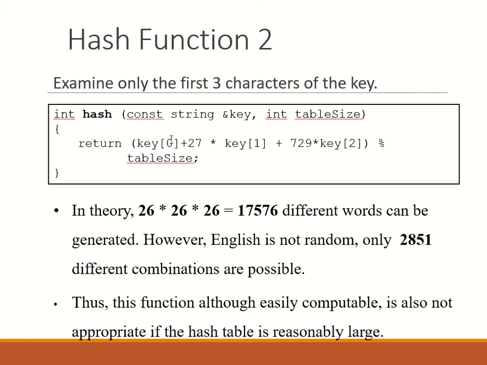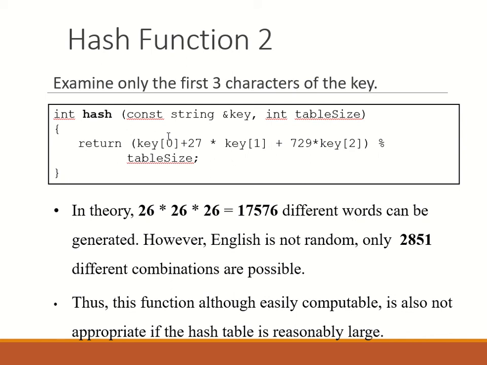Suppose the key was Pooja again. For the first character, you take the ASCII value of P, multiplied by 27 raised to 0. 27 raised to 0 is actually 1, so it is taken as the ASCII value of P itself.